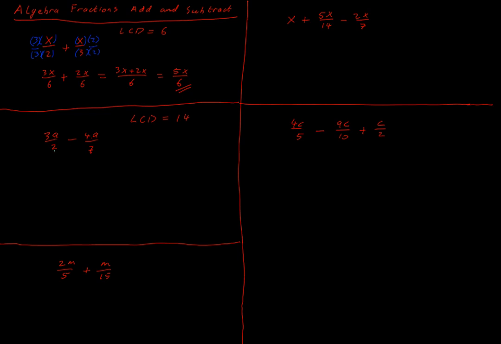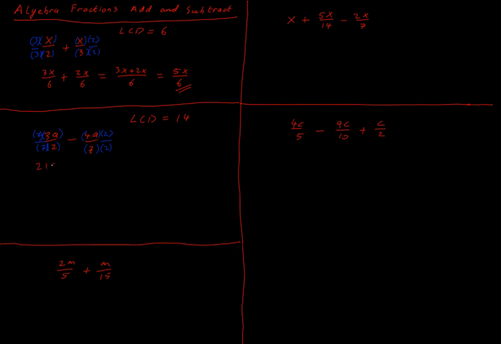So then I need to get 14 on the bottom here. So I'm going to multiply the bottom by 7 to get 14, and I must multiply the top by 7 as well. And 7 multiplied by 2 would give me 14, so I must multiply above and below by 2.